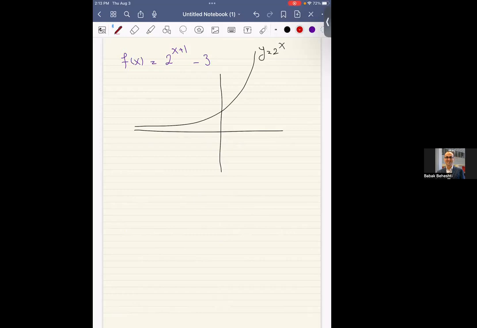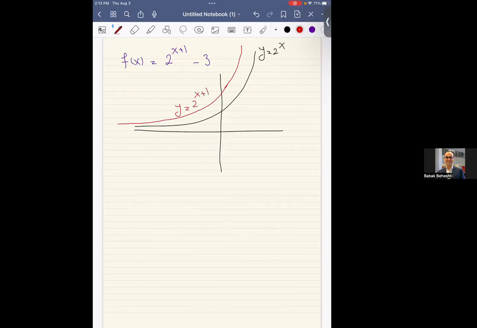So it's something like this. So the red one is y equal to 2 to the power x plus 1.